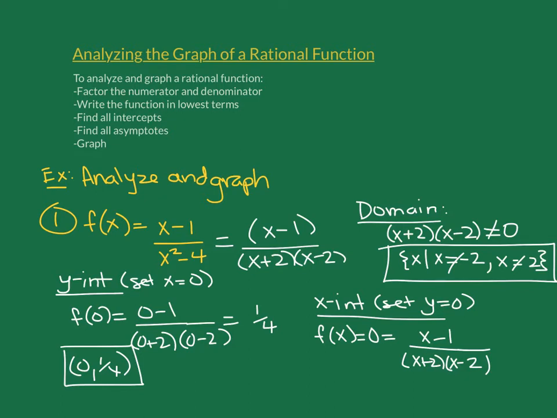So I'm just going to ignore the denominator for now and set my numerator equal to 0. I end up getting x equals 1, so my x-intercept is at 1, 0. We can have multiple x-intercepts, and you often will, but we're only going to have 1 or 0 y-intercepts.